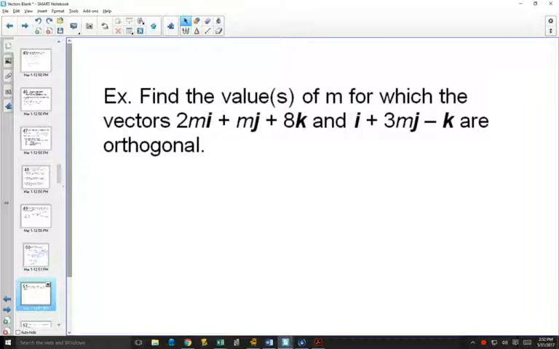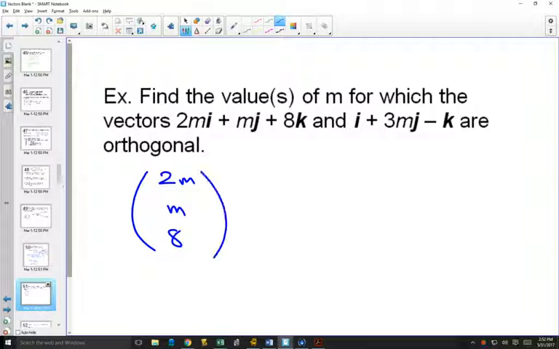In this example, we've got 2 vectors. I'm going to write them as column vectors. There's vector 1, here is vector 2, and there is an unknown value m in here.